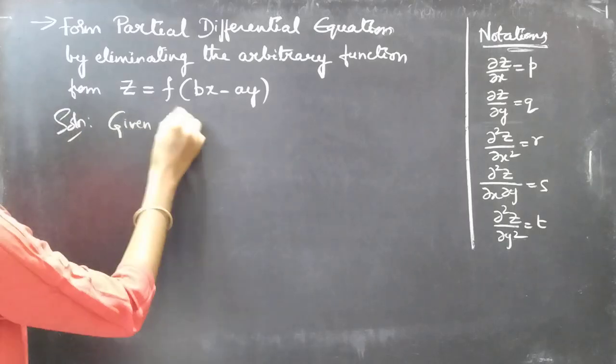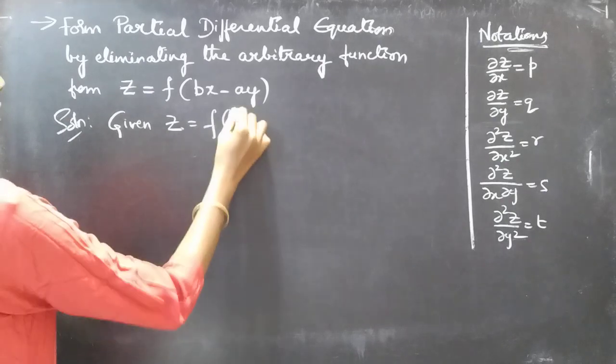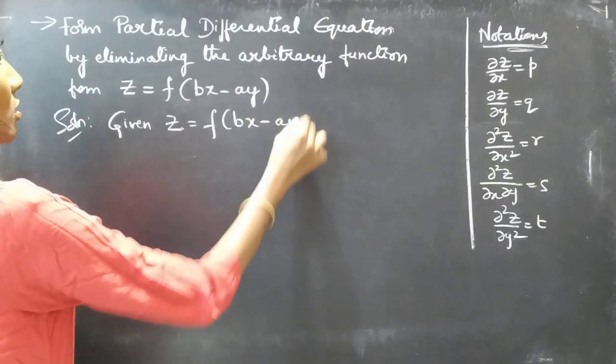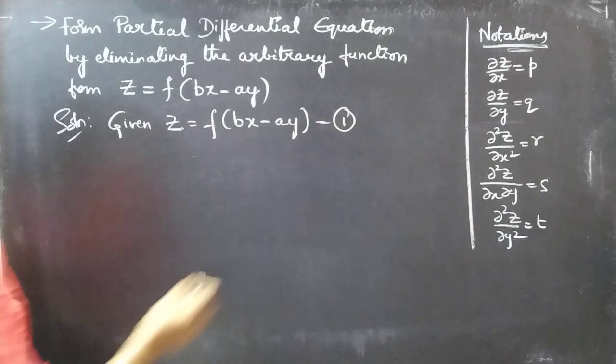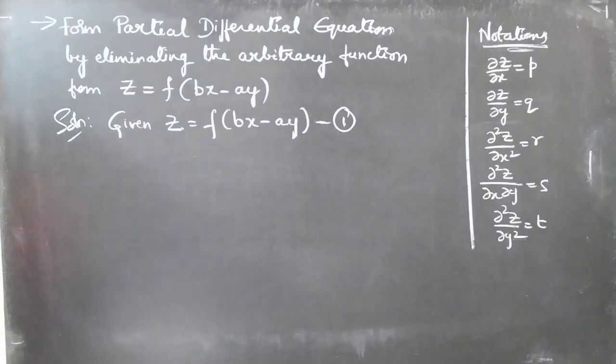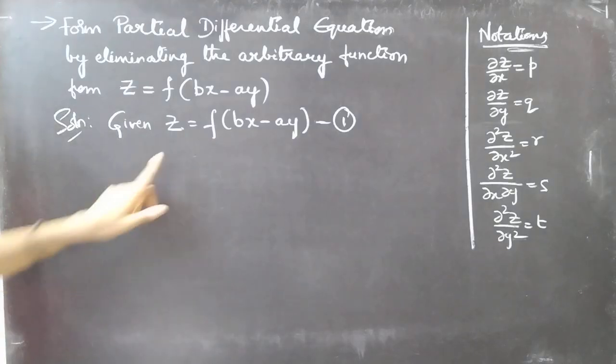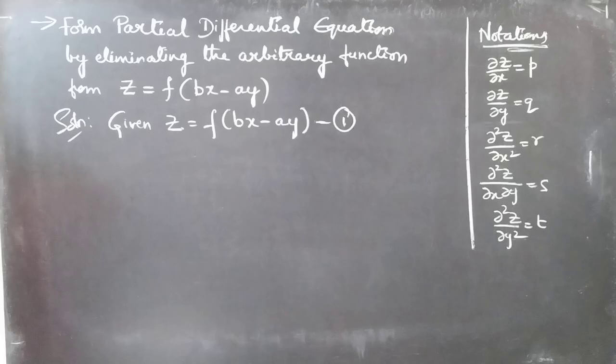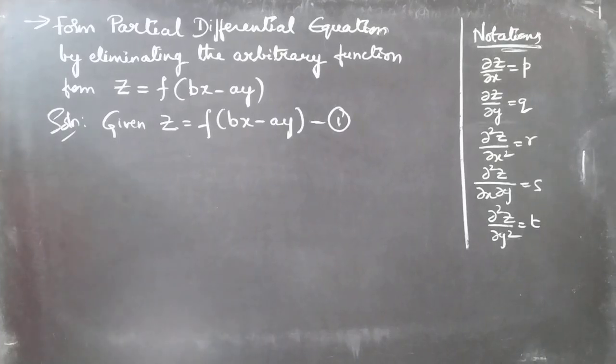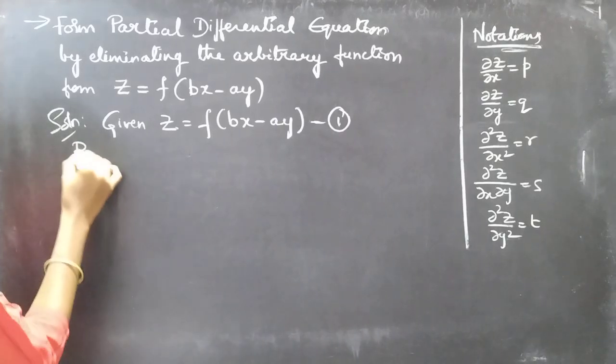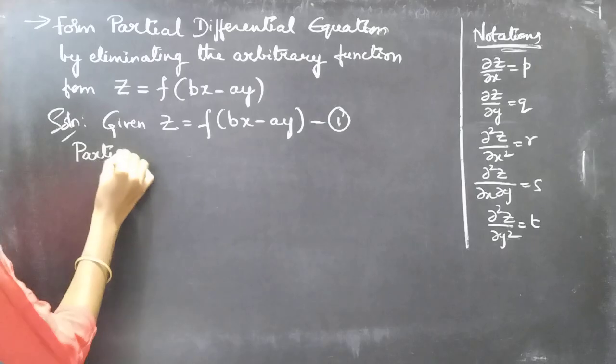Given equation z equal to f of bx minus ay, consider it as equation number 1. Now we'll partially differentiate 1 with respect to x and also with respect to y. First I'll partially differentiate 1 with respect to x.